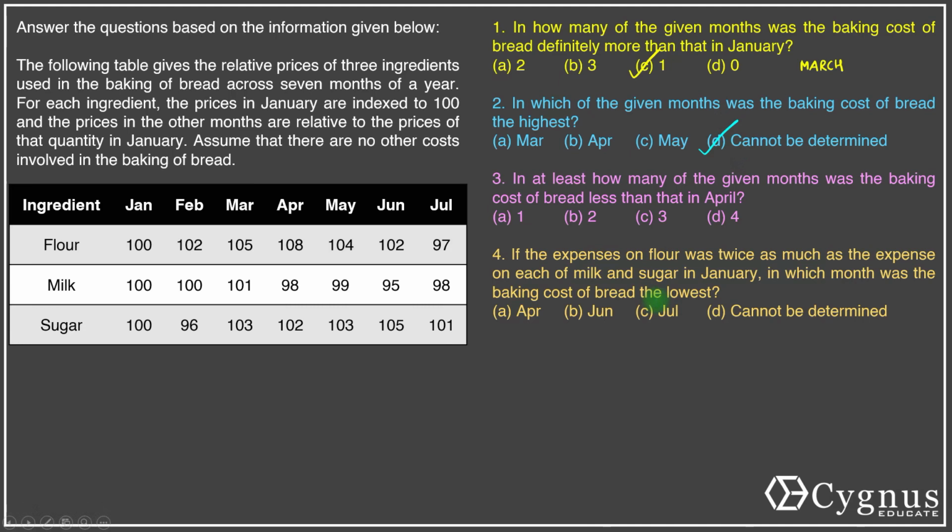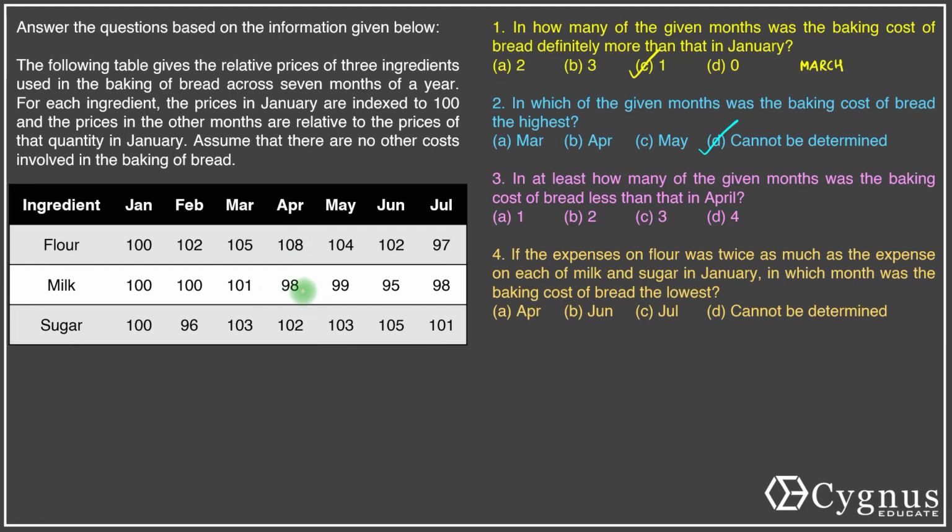Let's take a look at the third question. In at least how many of the given months was the baking cost of bread less than that in April? We need to minimize the number of months where the baking cost of bread was less than that in April. So we will just take a look at those months wherein each of the three quantities are indexed to a lower price than April.